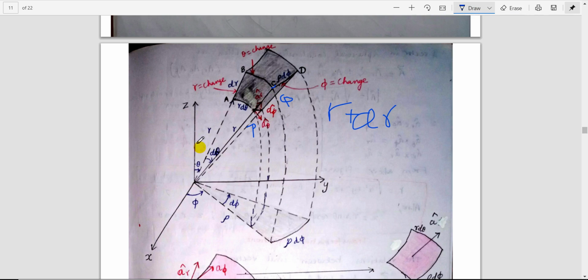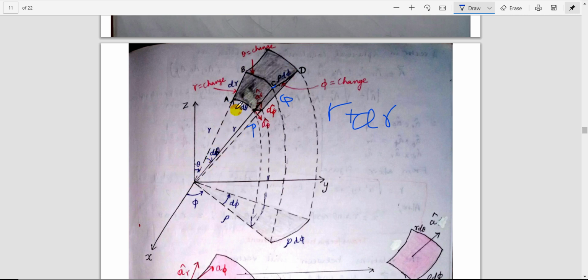I said that theta has been measured from the z axis to the vector r, and that particular angle can be measured as theta. And if that theta is going to change in this manner, then we can say this is d theta.